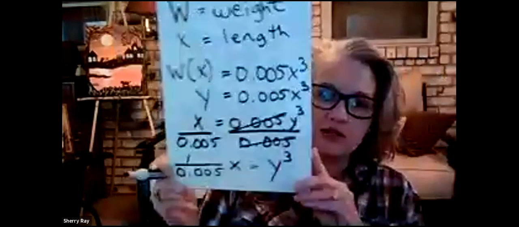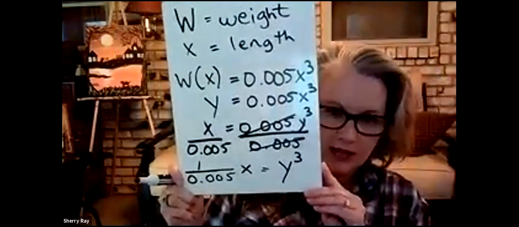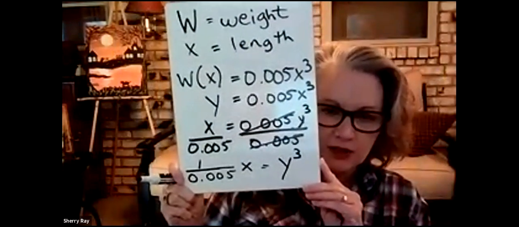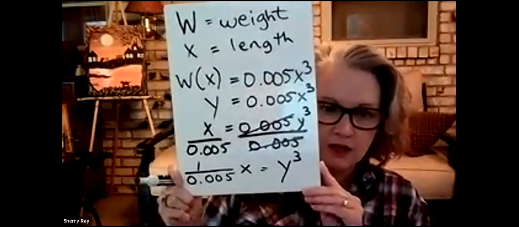So I'm going to rewrite this as 1 over 0.005 times x equals y cubed. So what I'm going to do is take my calculator and find the reciprocal of 0.005.